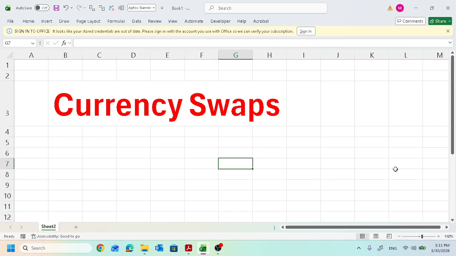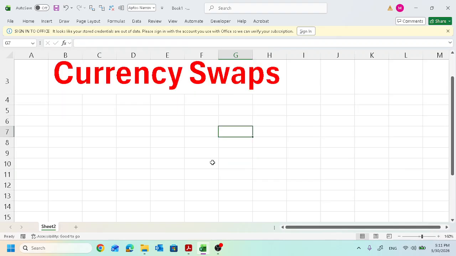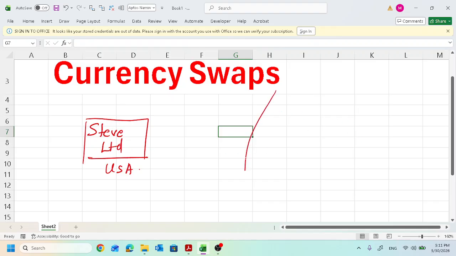Now, let's see the concept of it. What is this concept, currency swap? Let's say Steve Limited is a company in the USA. This company wants to make an investment in another company, let's say in the UK.